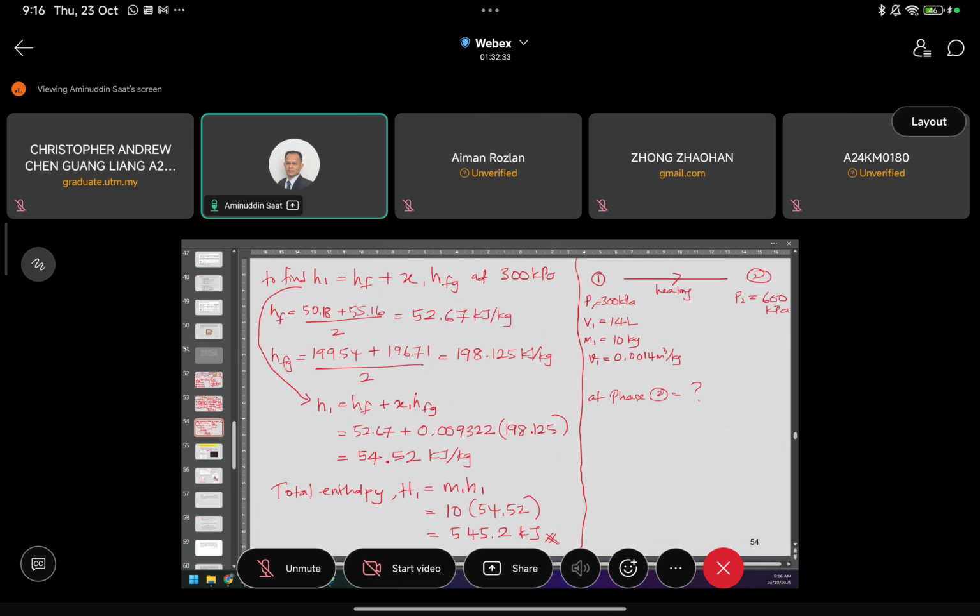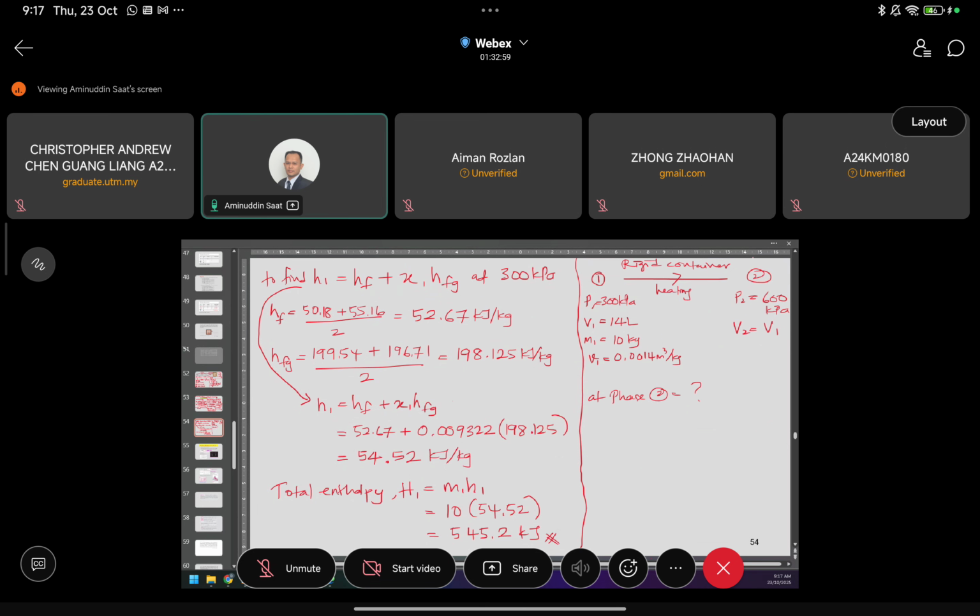So you know that this system is a rigid container. What is meant by a rigid container? Rigid container means the volume is constant. So the volume is not changing. The boundary is maintained as the initial state.